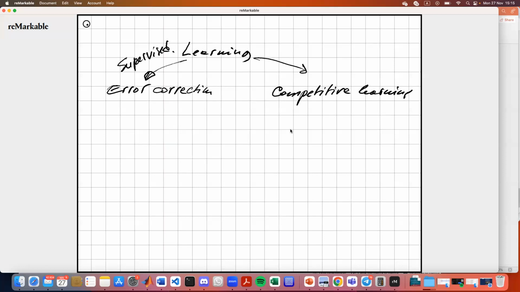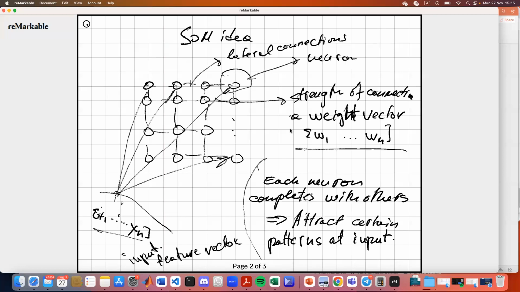As I said, I will not redraw, so I will go back to this illustration over here. This is important. The idea is that each and every neuron tries to attract a certain pattern, the input, to itself. It means that one neuron will be more attractive or more competitive for a given pattern than the others, and there will be only one neuron of this kind.